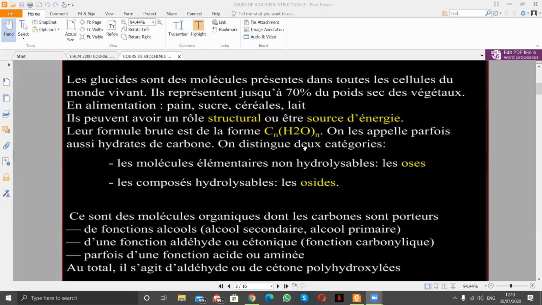Then carbohydrates are denoted as saccharides. And the term saccharide simply means sugars.